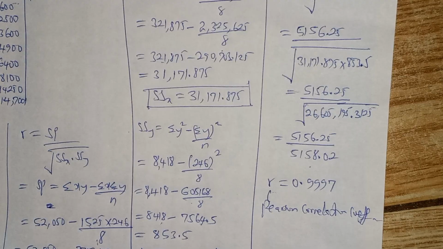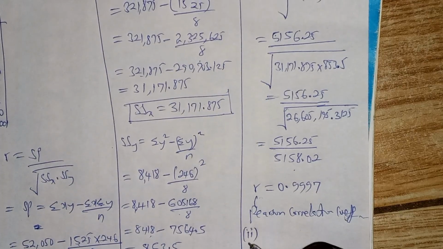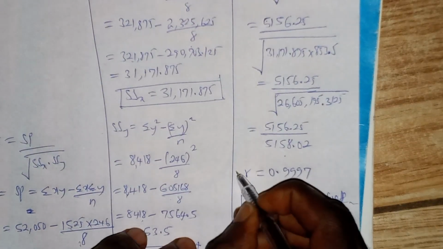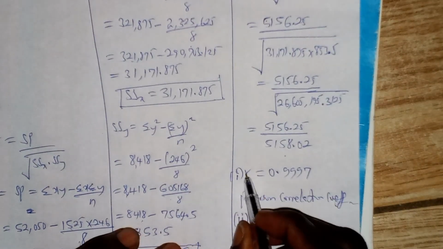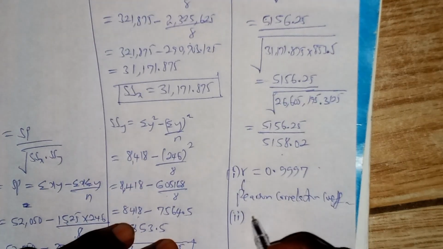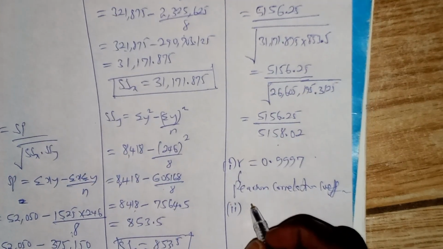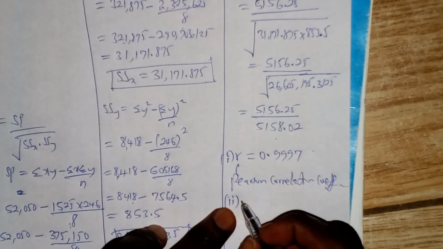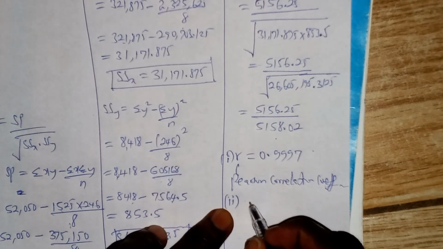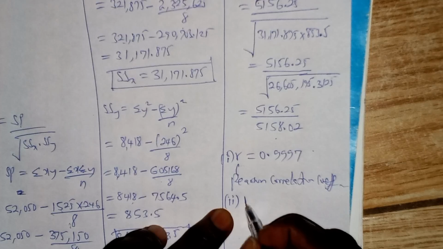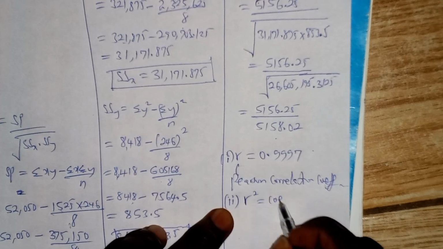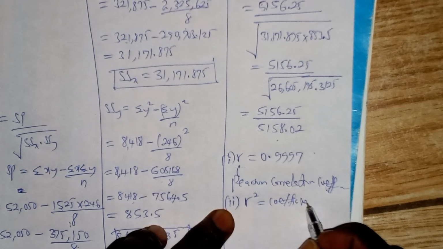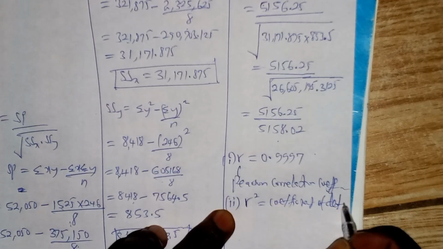Now the most important thing is the second question. This is the first question, right? Calculate the Pearson correlation coefficient. We calculated it, and the second one is the coefficient of determination. How do you get this? You get this when you square your R. So R squared is equal to the coefficient of determination, right?